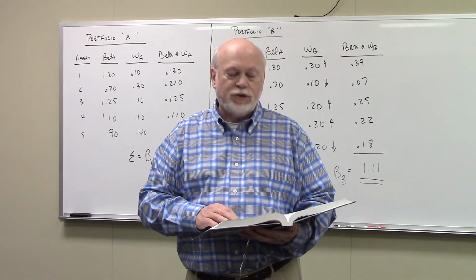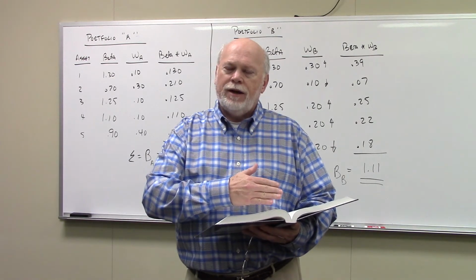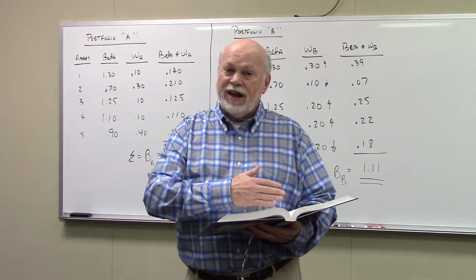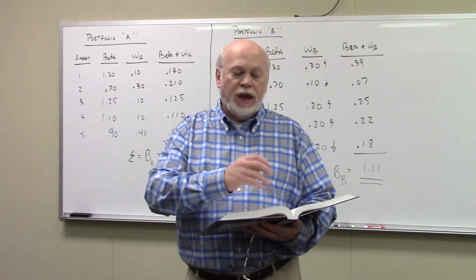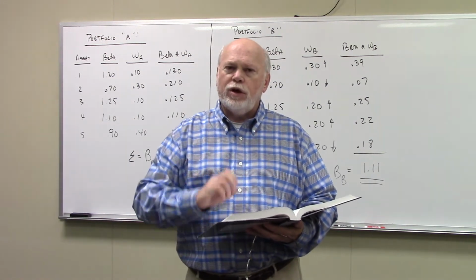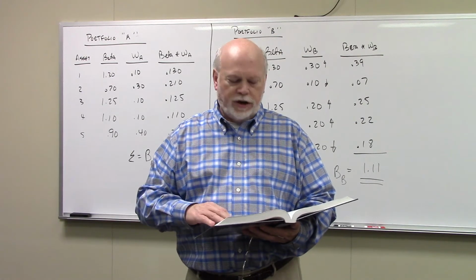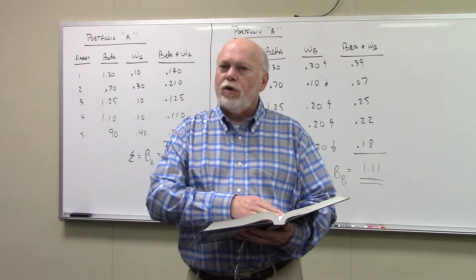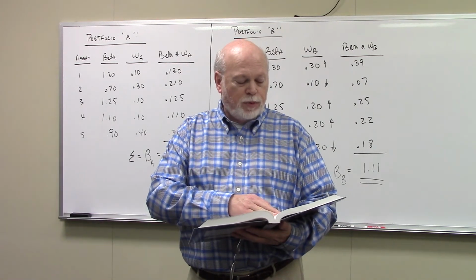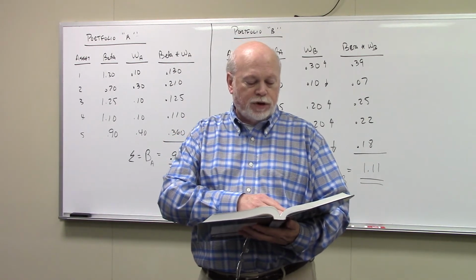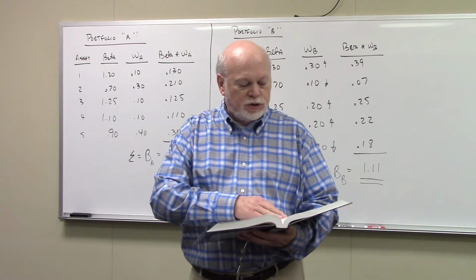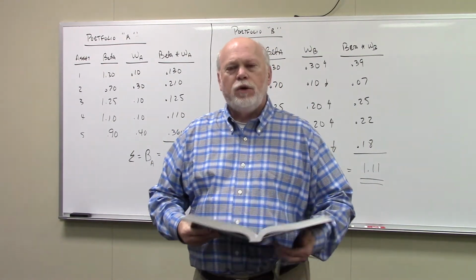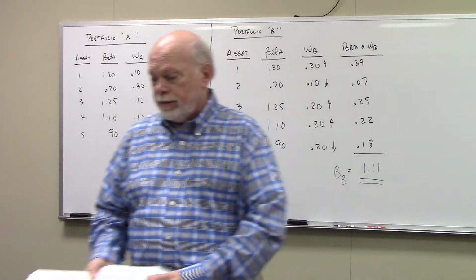In the table, they give you the asset, the beta of each asset, all 5 assets. And then there are 2 different portfolios that she's considering here, A and B. It reads, calculate the betas for portfolios A and B. And the B part says, compare the risk of these portfolios to the market as well as to each other, and then comment on which portfolio is riskier.